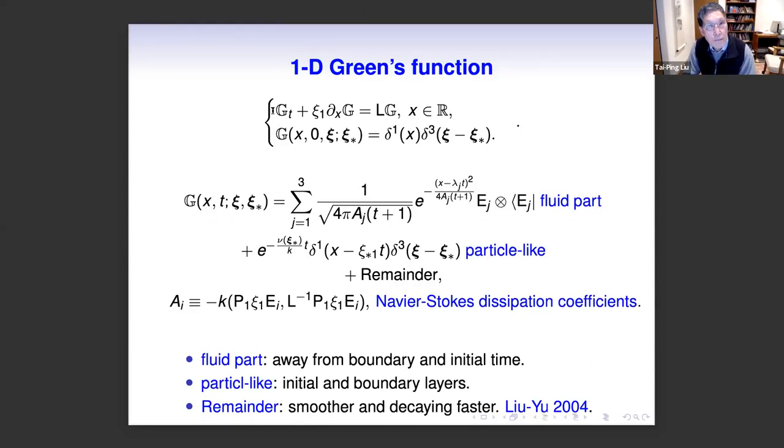So what is the Green function? Of course, everybody knows what the Green function is, but I try to visualize it. So you have a background of M because you linearize around the Maxwellian M, and you take initial data that has a bunch of particles concentrated at x equals 0.